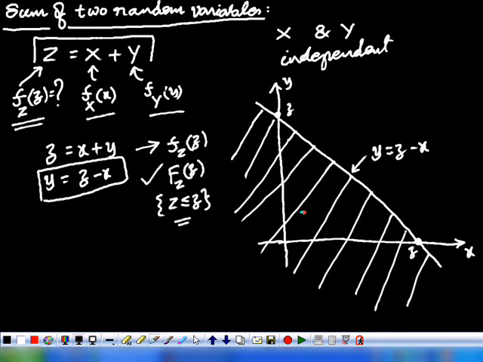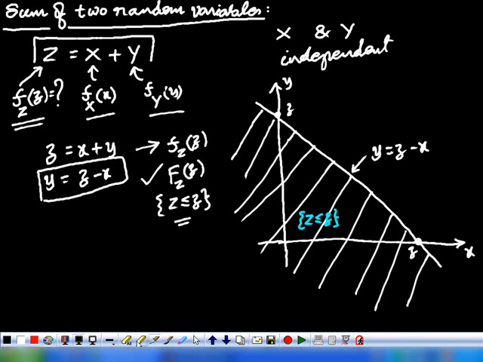So this region indicates the event Z less than or equal to z. Now we have to find the probability of this particular event. Then we can find fZ(z).